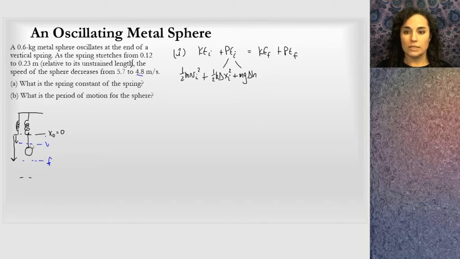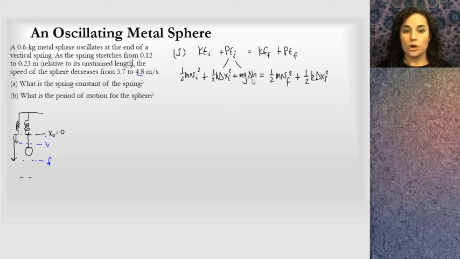When the mass is up here at this blue initial, there's some sort of displacement, and it has a gravitational potential term. When it moves down, it still has some kinetic energy, which I will call 1/2 m v final squared, and it has some potential energy from the spring, 1/2 k delta x final squared.